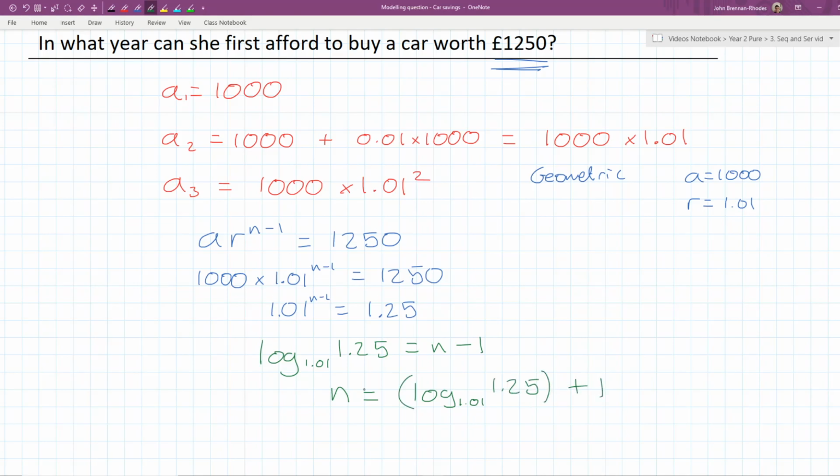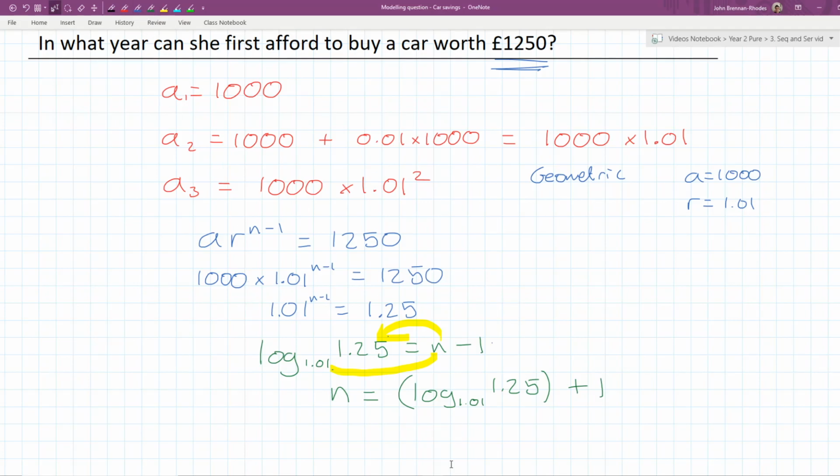Just to remind you, 1.01 to the power of n minus 1 is equal to 1.25. I always go around in this circle when I'm doing logarithms, from here to there, to there. That's my way of working out logarithms.